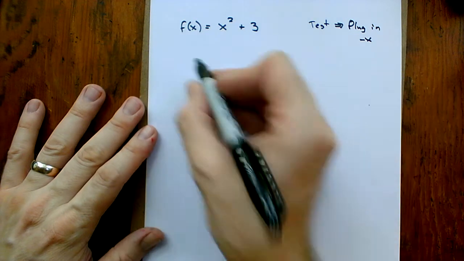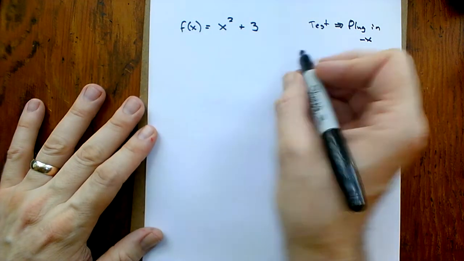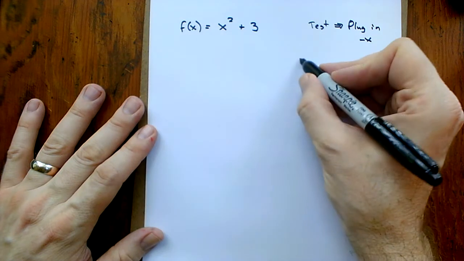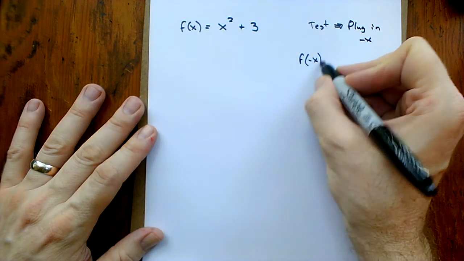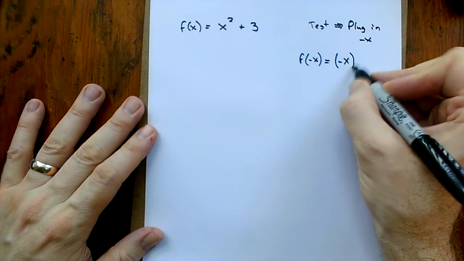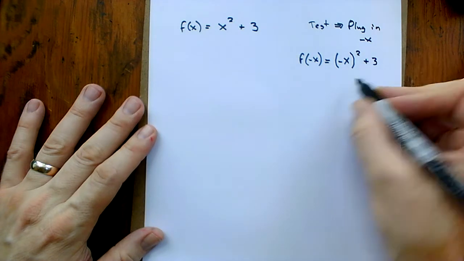So for our test, we're going to plug into this function and see what our f of negative x looks like. In this case, I'm going to end up with negative x squared plus 3.